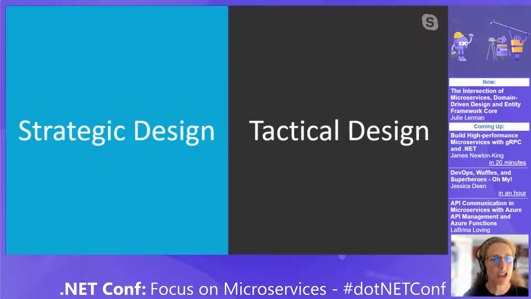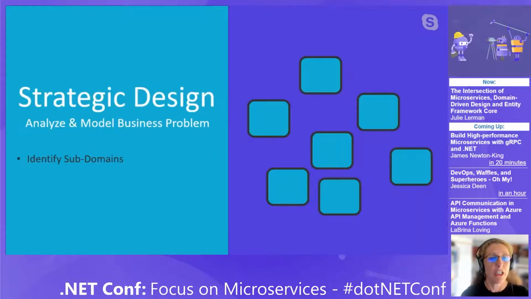When we're actually following domain-driven design, it really breaks down into two different areas. One is strategic design, and the other is tactical design. And I do happen to focus a lot on the tactical because I talk about how Entity Framework comes into play. But I want to, again, just give you an overview of what these are.